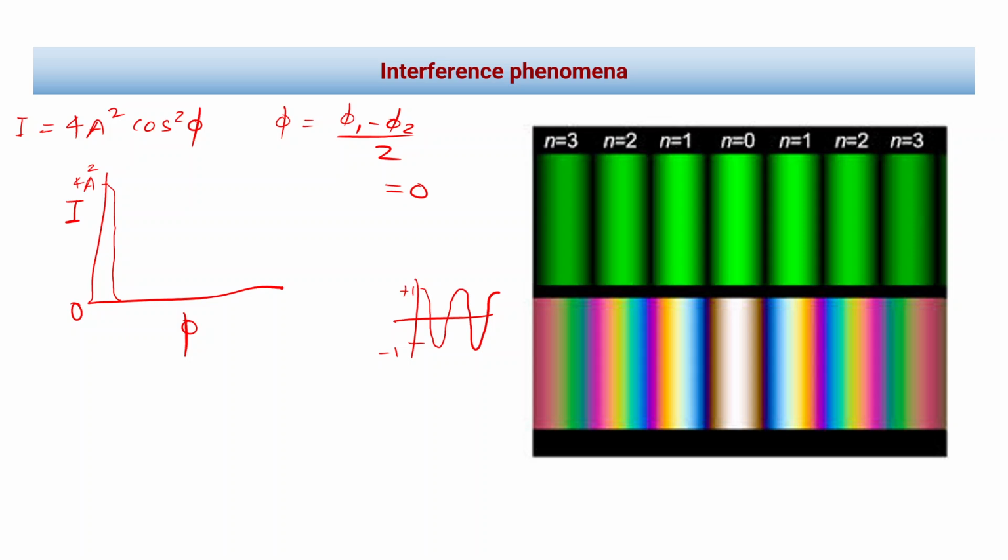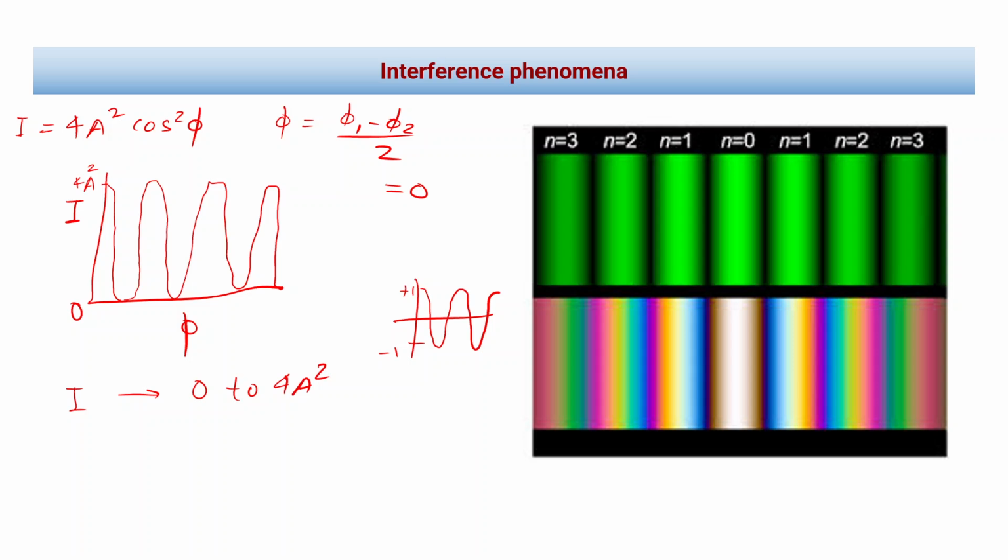So for 0 it will be maximum, then at pi by 2 the intensity will be 0, then again when the angle goes to 180, cos pi squared is 1 again, so this will be 4a square. So the intensity varies sinusoidally, but never goes negative, with values ranging between 0 and 4a square. Again, this is only when the amplitudes are taken to be the same, otherwise it will be some maximum possible amplitude.